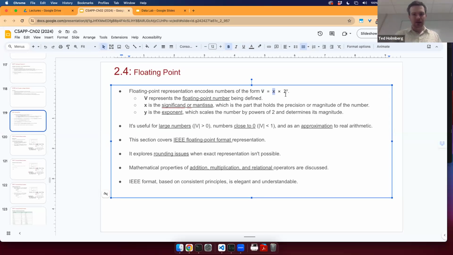Then we take 2 to the power of y, where y is the exponent, which scales the number by powers of 2 and determines its magnitude. So we have a base, and we multiply that by an exponent on 2. We're going to see how that actually translates, but this is typically how we mathematically model all of our floating point numbers.